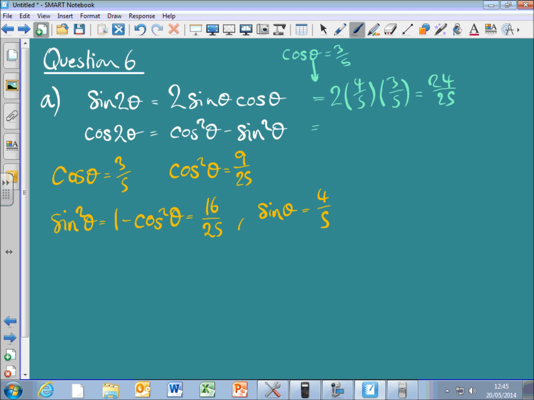And this one gives me cos squared, which is 9/25, take away sine squared, which is 16/25, which gives me -7/25. Okay, so I found the value of sine 2 theta and cos 2 theta when theta takes the value that cos theta gives you 3/5.